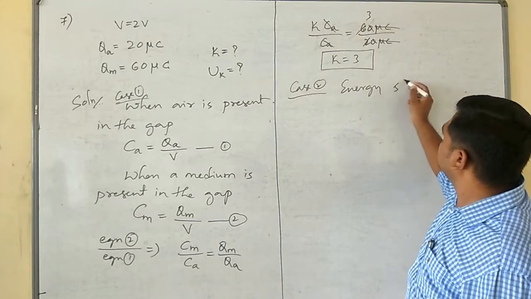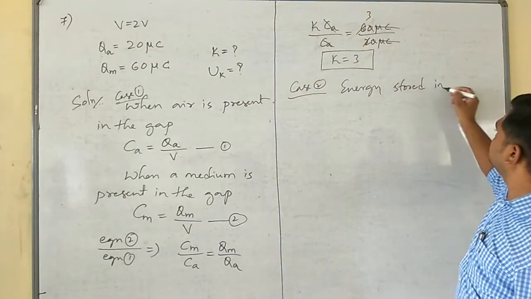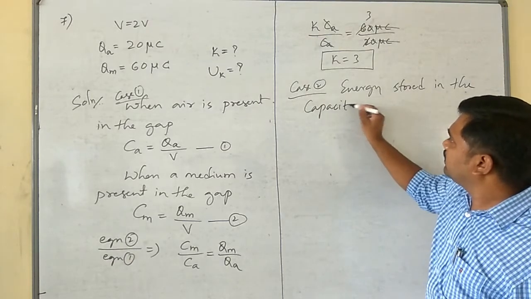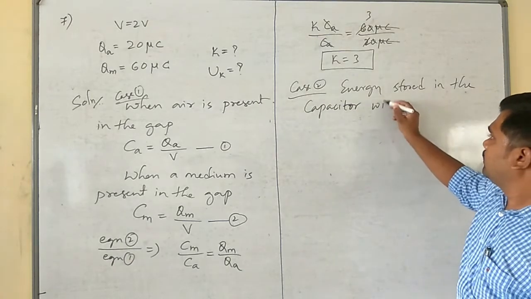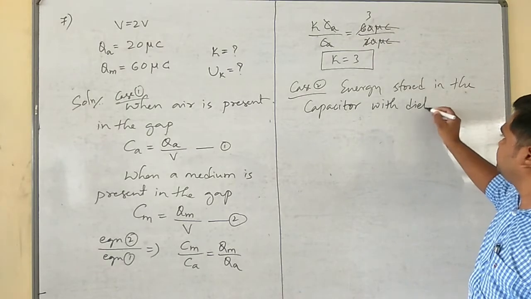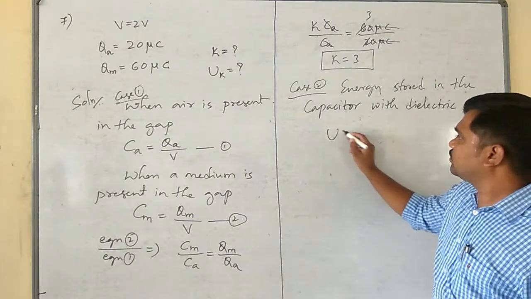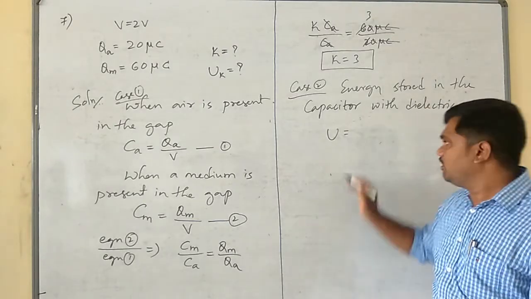Case 2, energy stored in the capacitor with dielectric. The formula for energy stored is half CV square, or half QV.